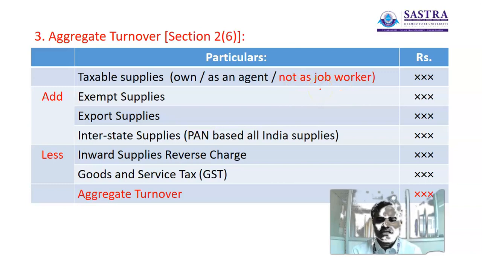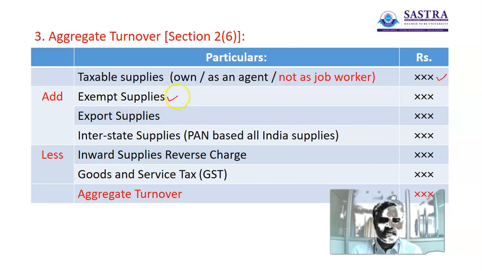There is no GST for a job worker, so the job worker will not be considered to calculate taxable supplies. So own supply or by your agent. Suppose you are doing business all over the country by agent, how much they sell is also your sale. So own as well as agent supplies will be taken here.